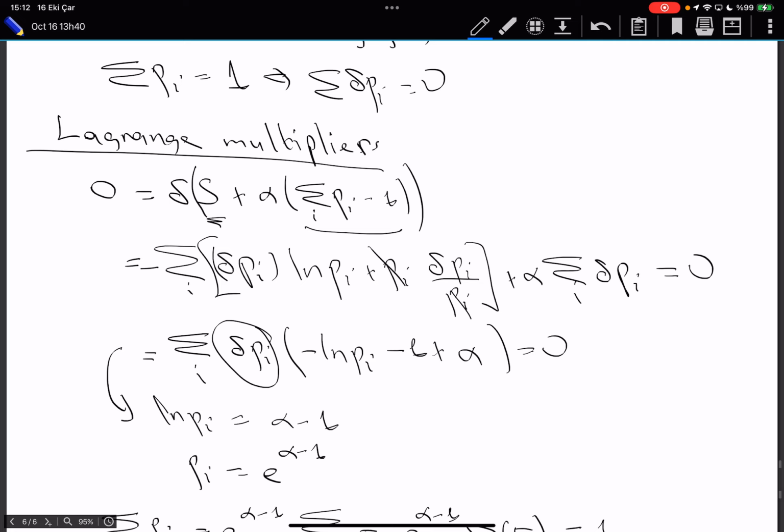In fact, what I'm actually doing is, there is one p_i whose variation depends on all the rest. I'm saying, let me choose alpha such that that p_i doesn't appear in this equation. So since that p_i doesn't appear in that equation, all the p_i appearing in that equation are now independent of each other, and hence, since this sum is 0, independent of which delta p_i you choose, the coefficient of each one of them separately should be 0.